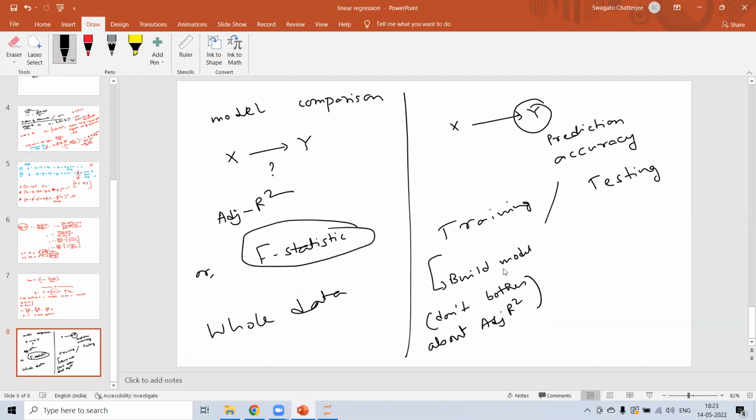So we don't compare using adjusted R square. With this model, we do test predictions, and then compare based on the test prediction RMSE scores.